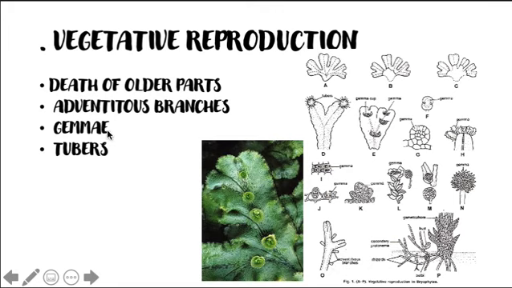And then we have structures called gemma cups. If you look at this picture here, you can see small cup-like structures on the surface of the bryophyte. This bryophyte is called Marchantia. What happens when there is rain?